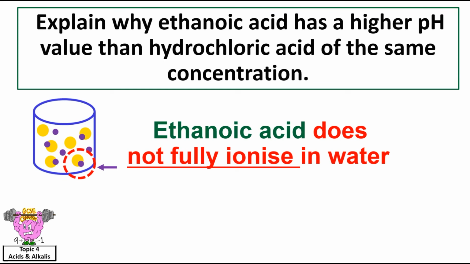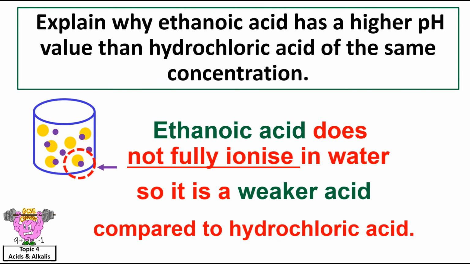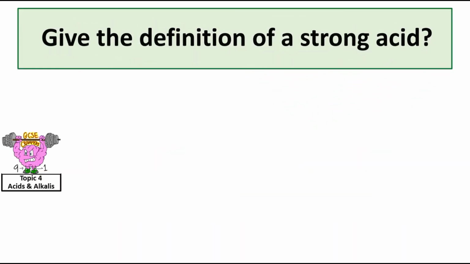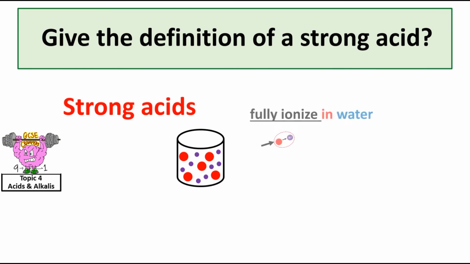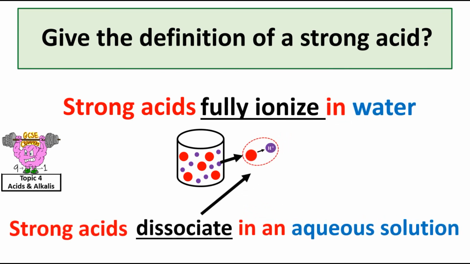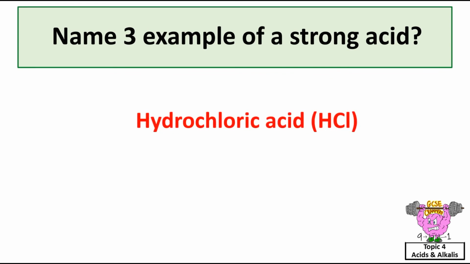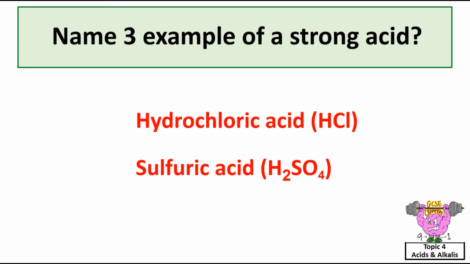Ethanoic acid does not fully ionize in water, so it is a weaker acid compared to hydrochloric acid. Give the definition of a strong acid. Strong acids fully ionize in water, or you could say strong acids dissociate in an aqueous solution. Name 3 examples of a strong acid: hydrochloric acid or HCl, sulfuric acid or H2SO4, and nitric acid or HNO3.